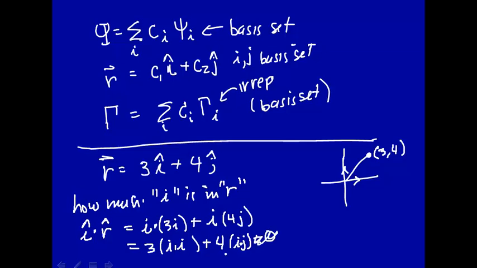This term, since they're normalized, is equal to 1, so this just comes out to be 3. So to figure out how much I is in this total vector, you multiply by that particular orthonormal basis function there. So I will project out of this the number 3.